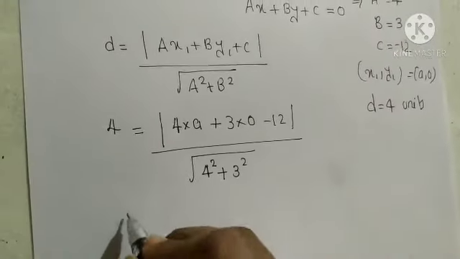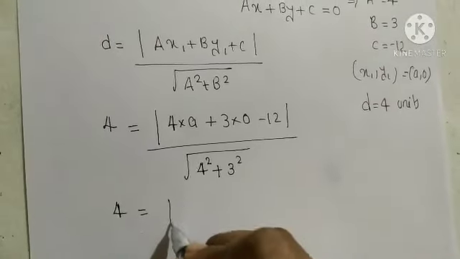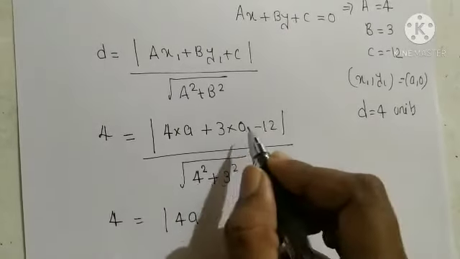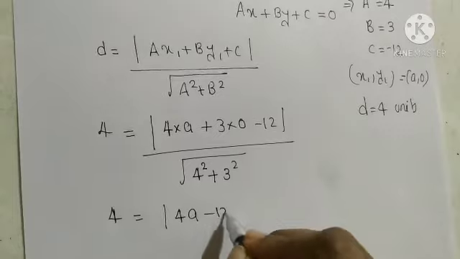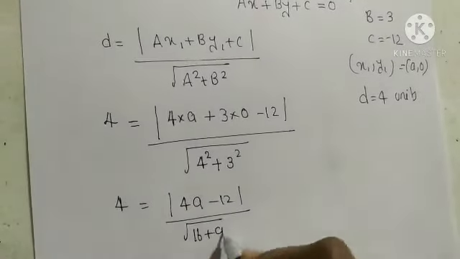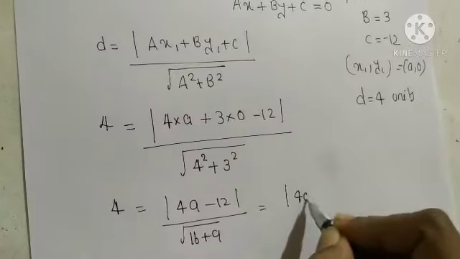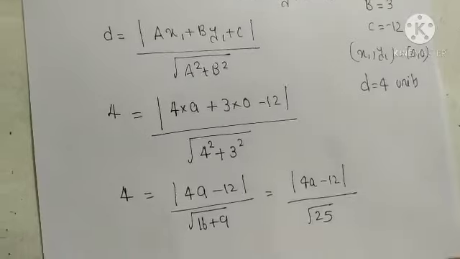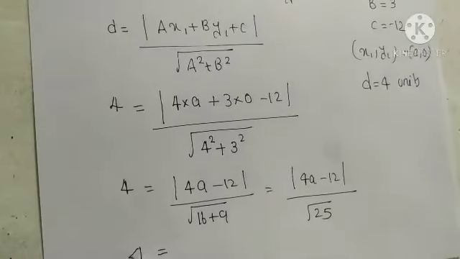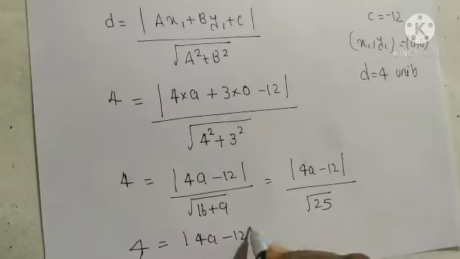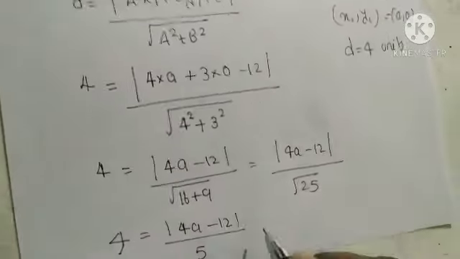Okay, from this we get 4 equal to mod 4a, 3 into 0 will become 0, minus 12 divided by root of 16 plus 9, equal to mod 4a minus 12 divided by root of 25, which will be further equal to 4 equal to mod 4a minus 12 divided by 5.